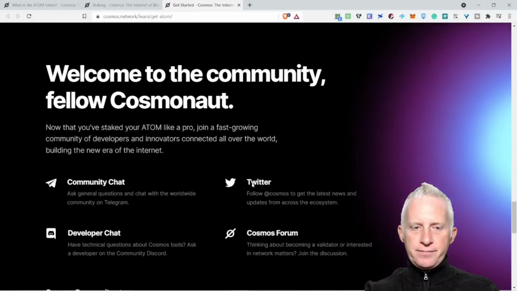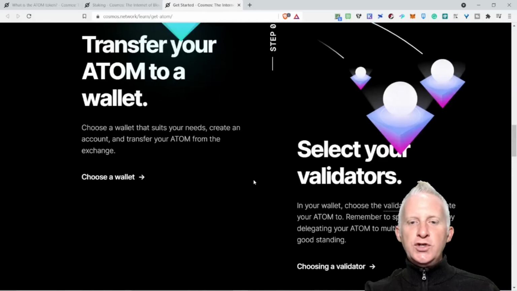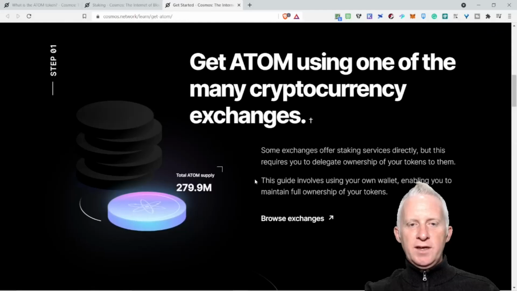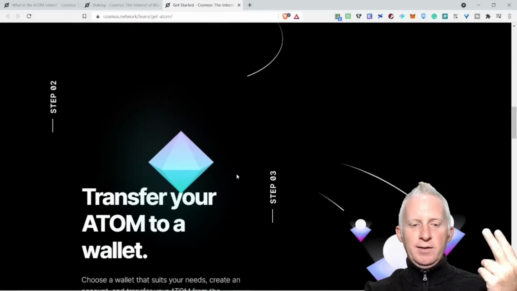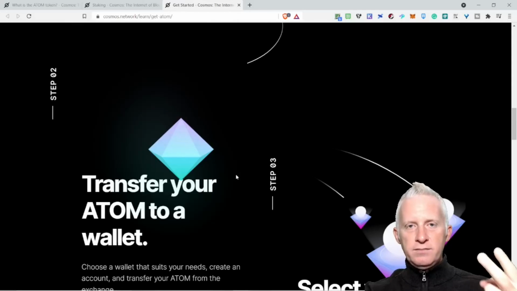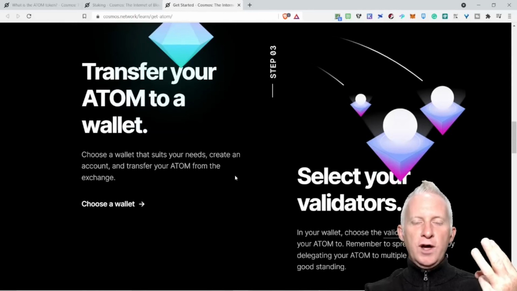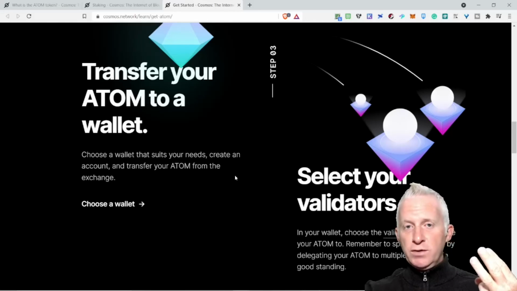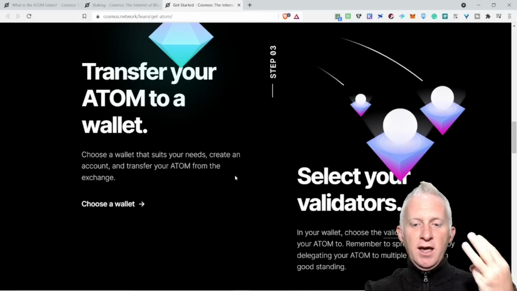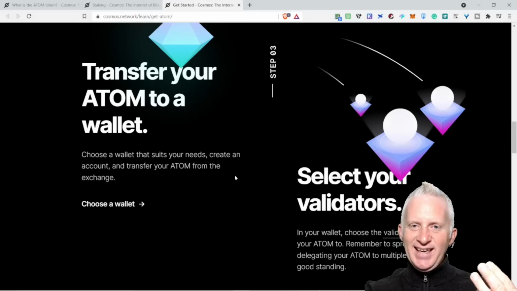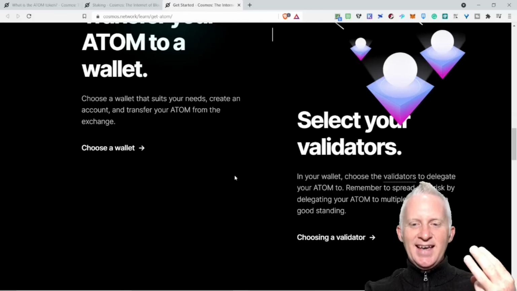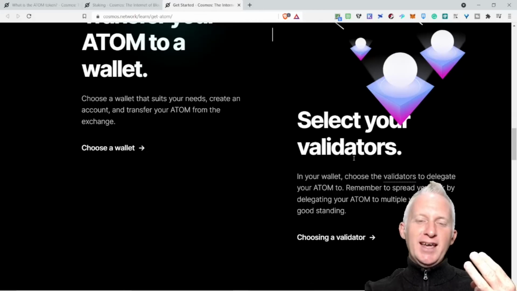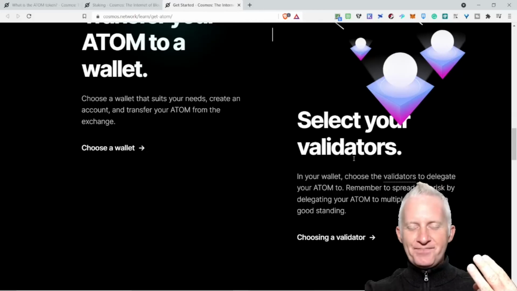So as you can see, I'm going to recap. The first one, you acquire the Atom on the market. Second, you transfer your Atom to the wallet. Third, you select many validators. They emphasize a lot that you need to choose many validators to dilute your risk, and I'm going to replicate what they suggest.